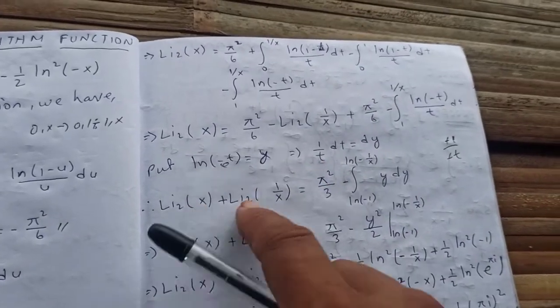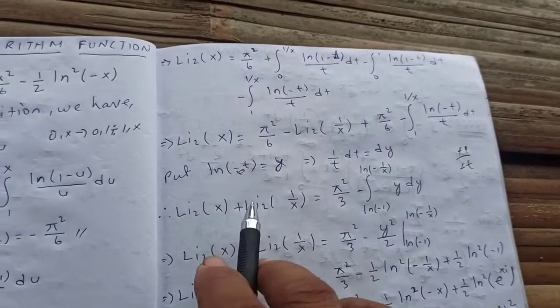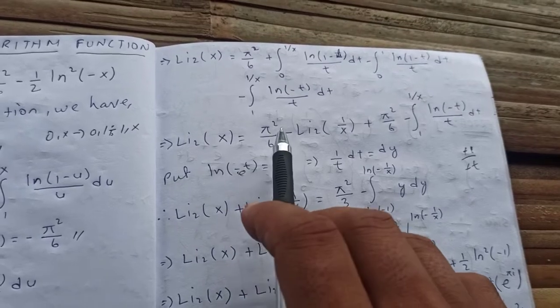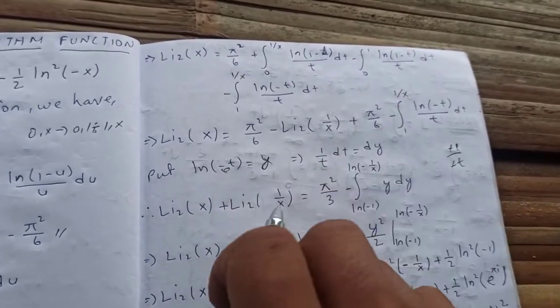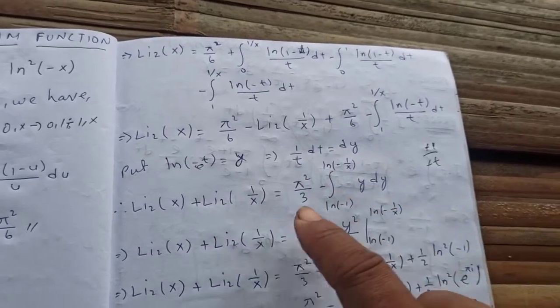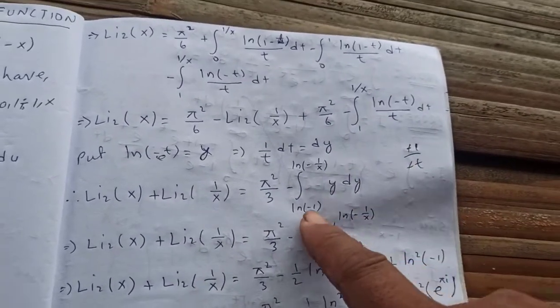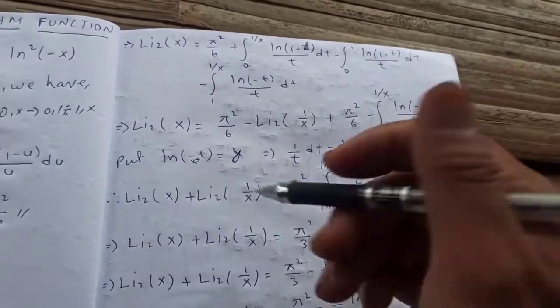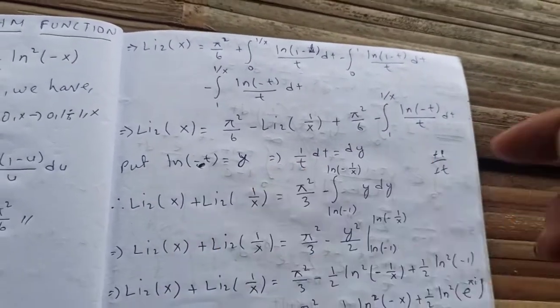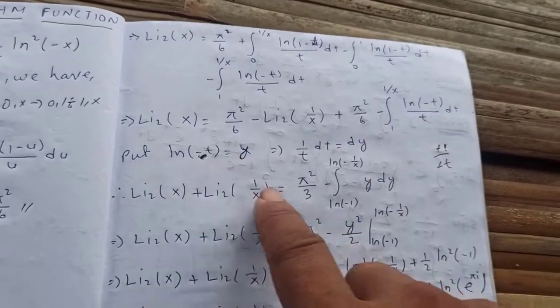Now li2 of x, transferring this one to the left hand side, plus li2 of 1 over x is, simplifying these two, pi square over 6, pi square over 6, that means pi square over 3, right? Minus the integral, so we just substitute here. When t is 1, it will be log of negative 1.